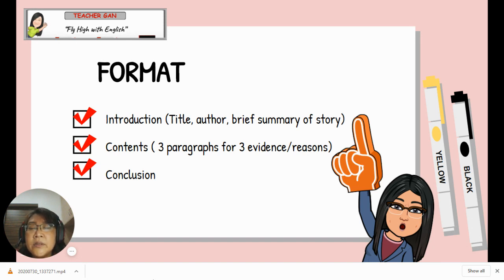Then when you go to contents, you have contents 1, 2, and 3, so there are 3 paragraphs. In the second paragraph, which is the first content, you have to briefly describe the character. And then the last paragraph, which is paragraph 5, you have the conclusion.